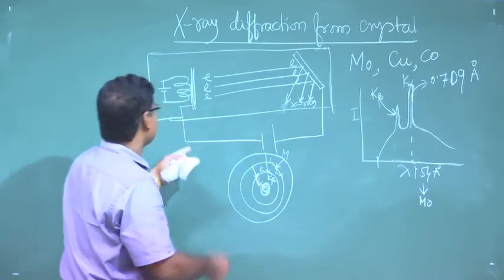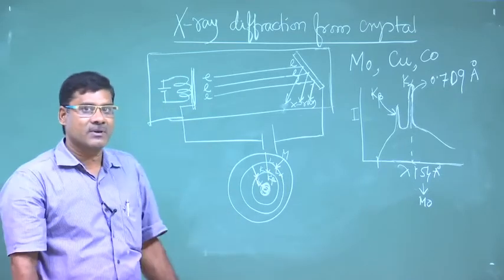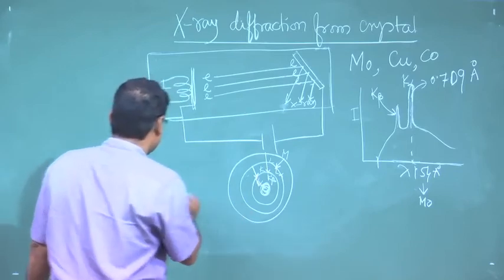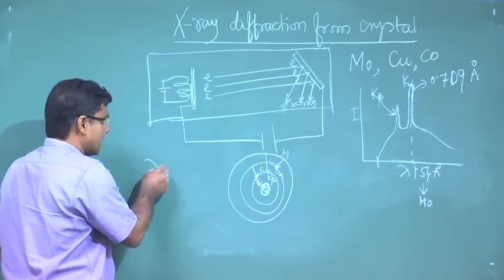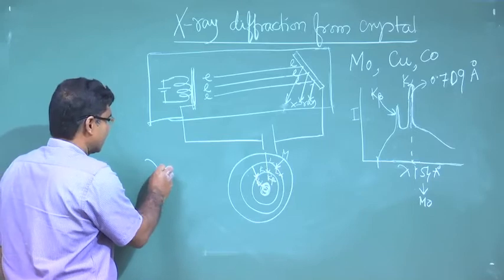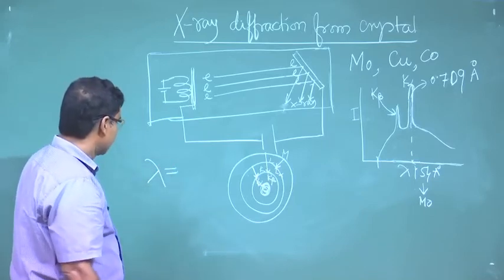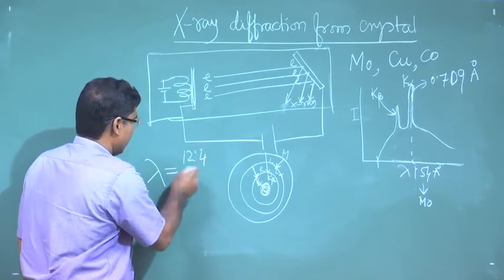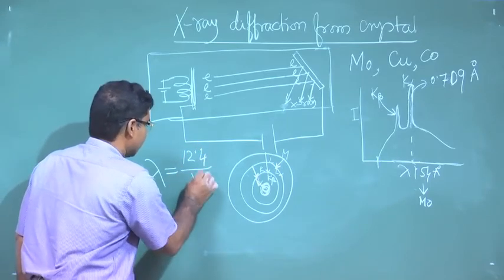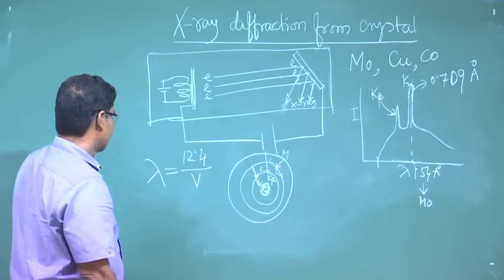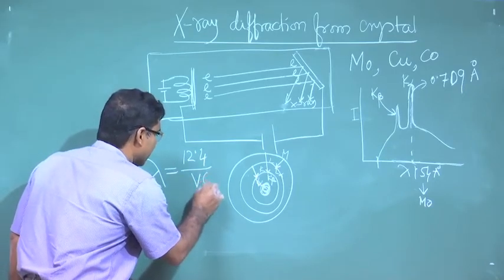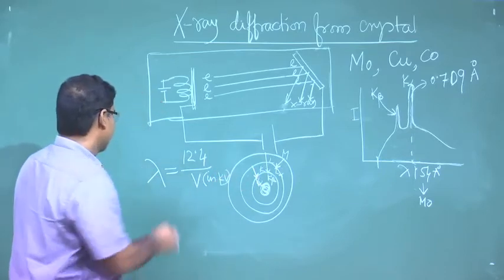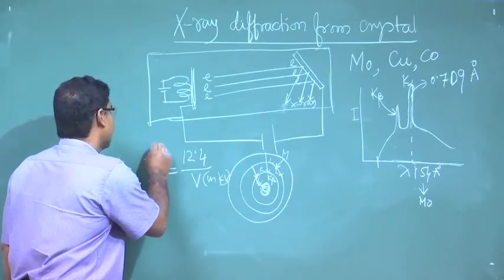And here the voltage range is in the kilovolt range. The relation is probably lambda equal to 12.4 by V. When V is in kilovolts, then lambda will be in angstrom.